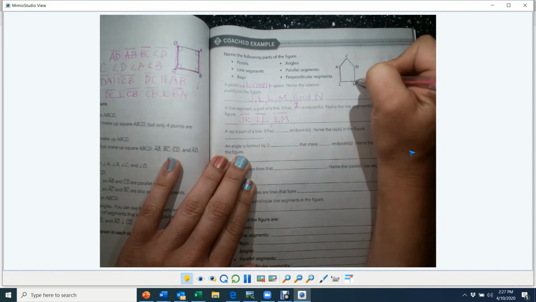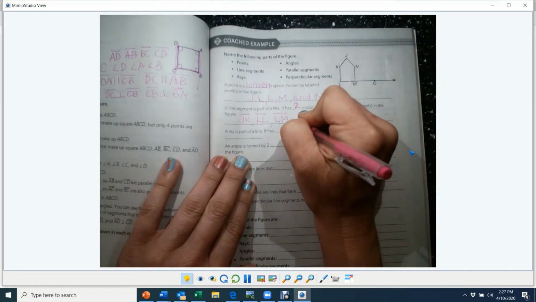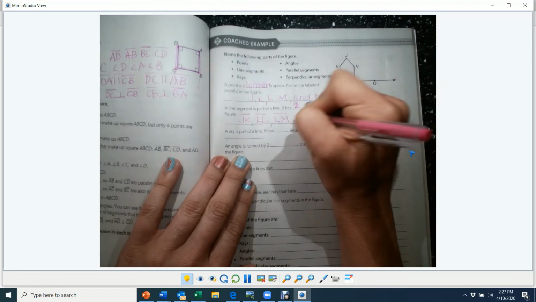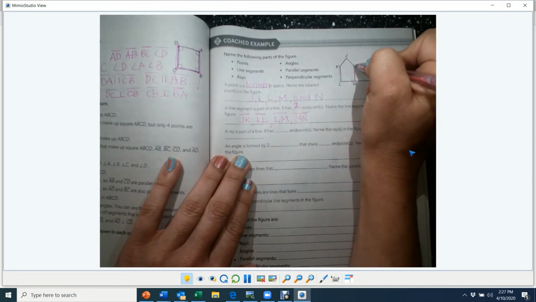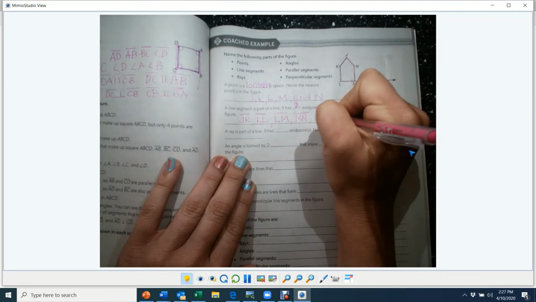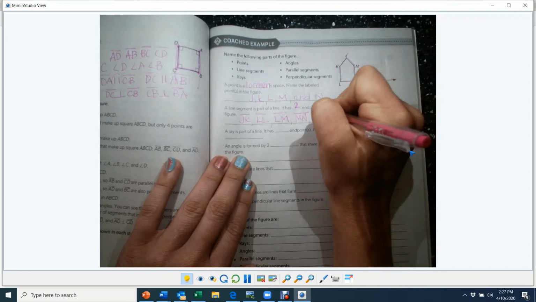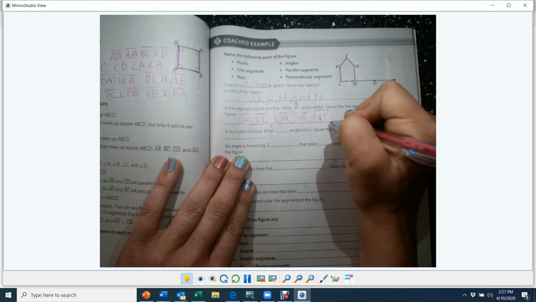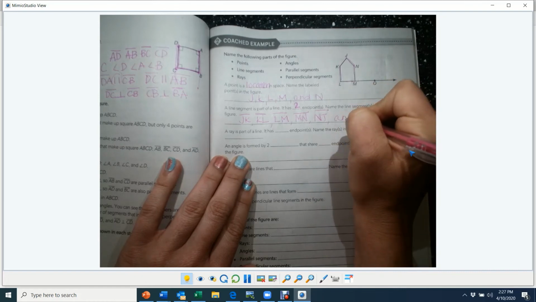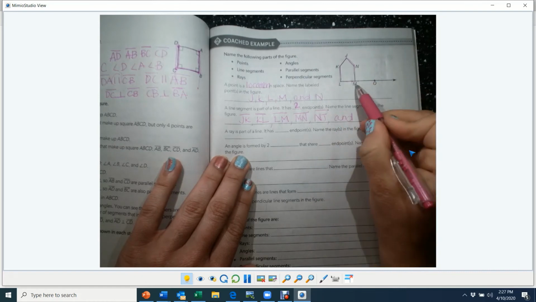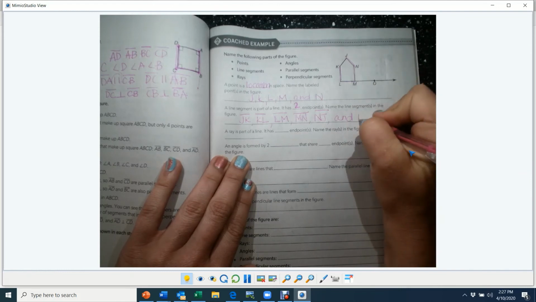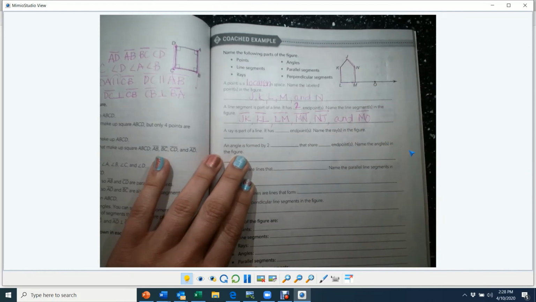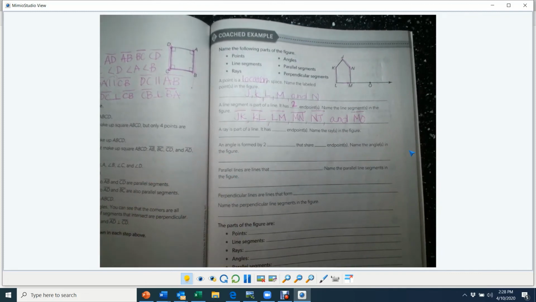Then we have M to N, right here. And then we have N to J, like that. And our last one, M to O. Now we've labeled all of our line segments.